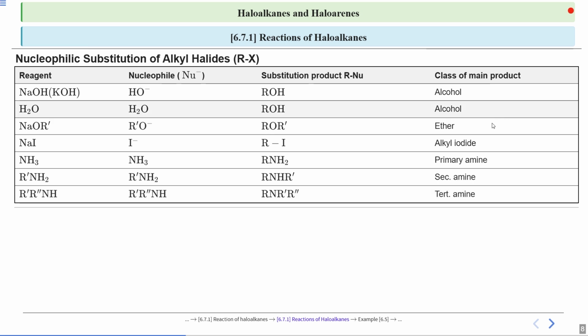The class of main product is primary amine in the case of ammonia, secondary amine in the case of R prime NH2, and tertiary amine in the case of R prime R double prime NH. So this table shows how you can get different substitution products and their classes using different reagents and the nucleophiles from those reagents. These are the nucleophilic substitution products of alkyl halides.